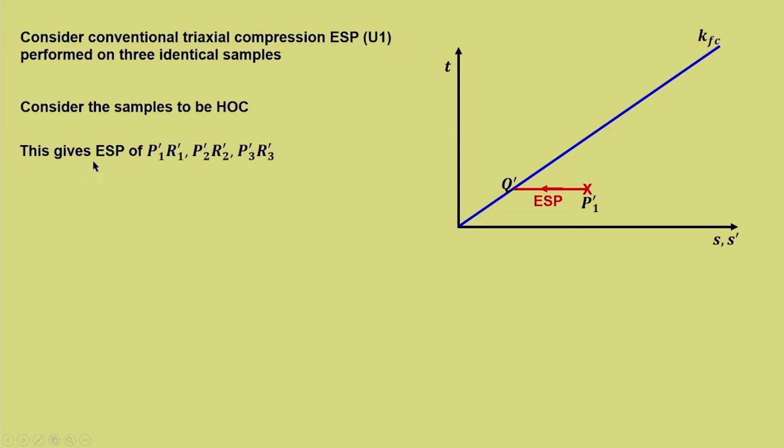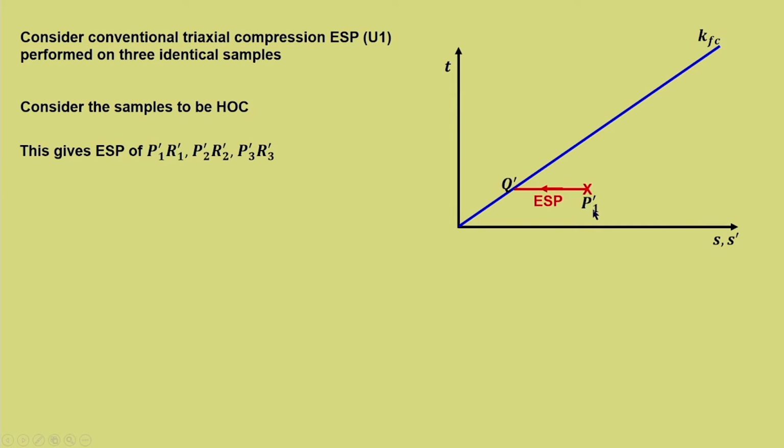So, we need to understand now that the effective stress path in t-s-s dash will move in a positive direction. So, this gives effective stress paths of P1 dash R1 dash, P2 dash R2 dash, P3 dash R3 dash. Let us say the first point simulated in the lab for the CU case of compression is P1 dash.